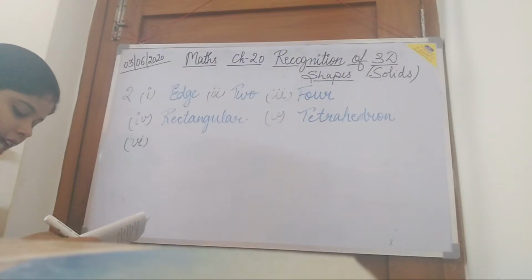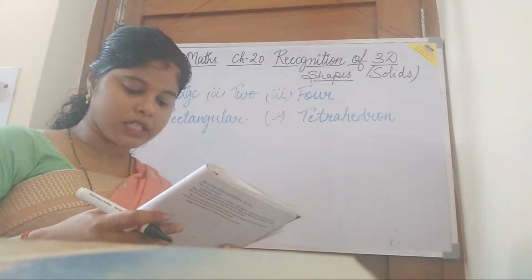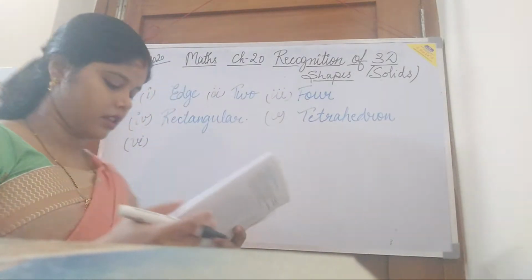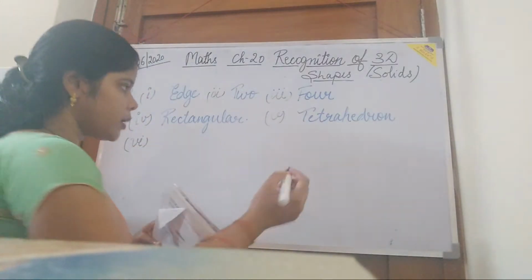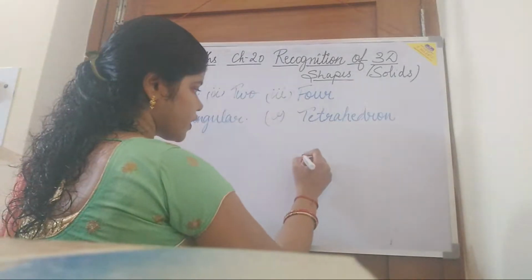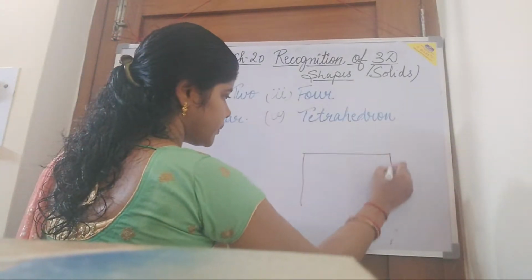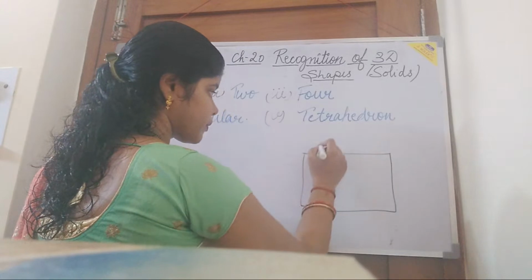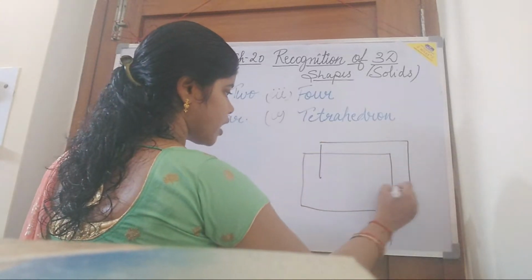A cuboid has how many pairs of opposite faces? So when we are going to draw a cuboid, you have to write the pairs of opposite faces.